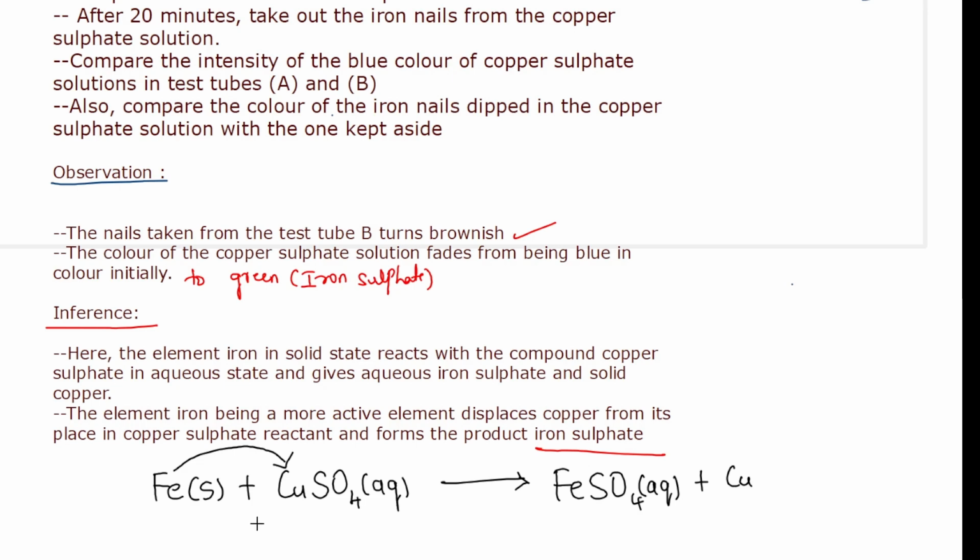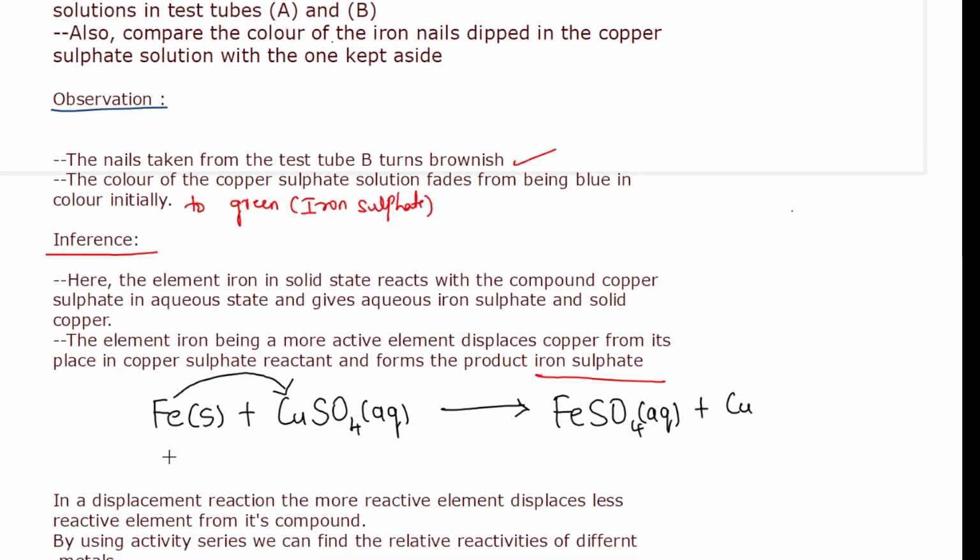You have to mention the name of the reactants and products here. This is iron, this is copper sulfate. You should remember the color of these solutions before the reaction and after the reaction, because many a times in your examination you have to mention the color change if they ask you about the observation.